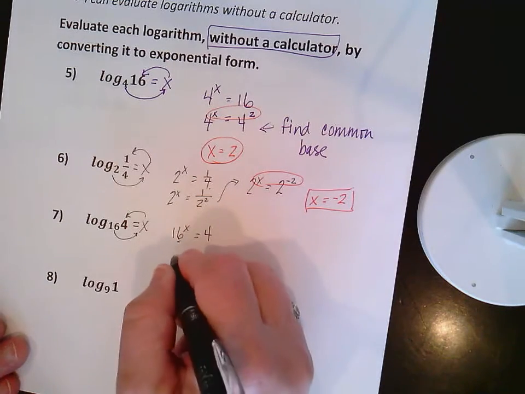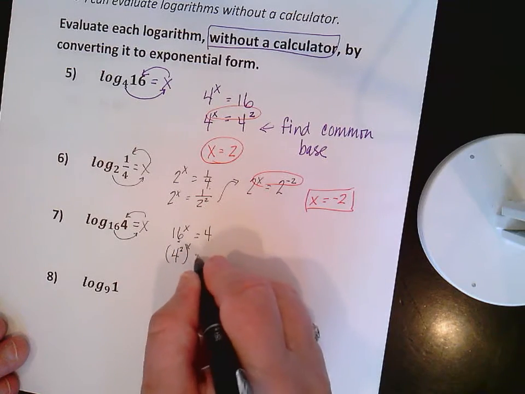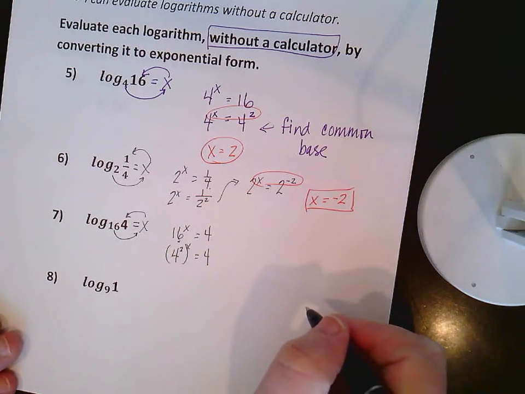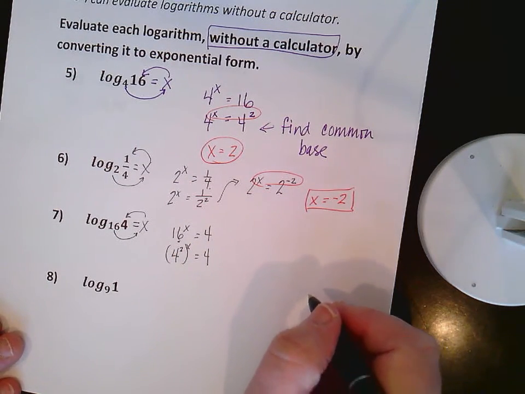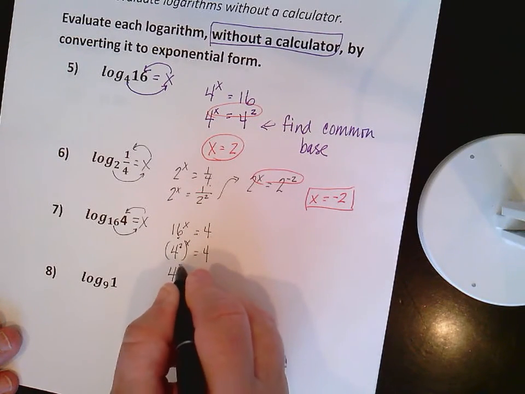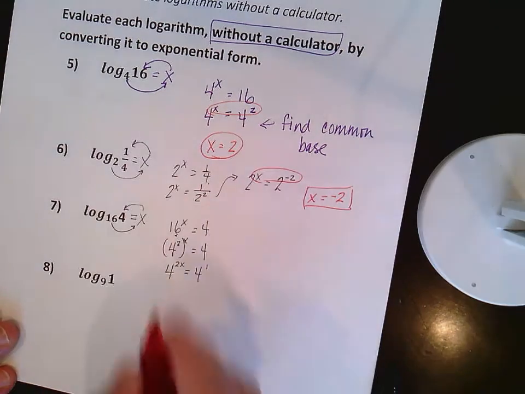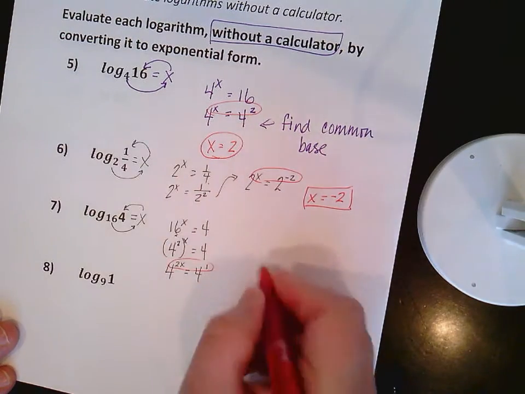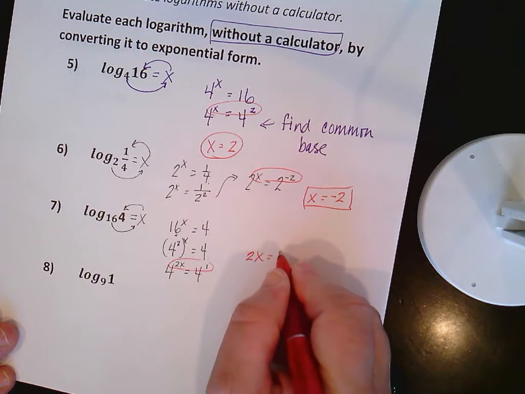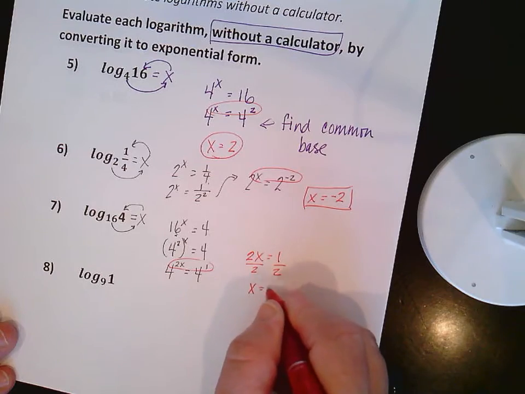So I can rewrite this as 4 to the second to the x equals 4. And power to a power means I multiply, so this is 4 to the 2x equals 4 to the first. So I'm going to set my exponents equal to each other. So I have 2x equals 1. Divide both sides by 2. And x equals 1/2.